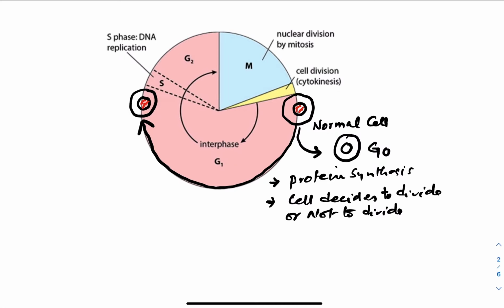So if this cell completes G1 phase, it enters the S phase. During this S phase, DNA is replicated. So the chromosomes are duplicated in this case. So each chromosome now will have 2 chromatids.